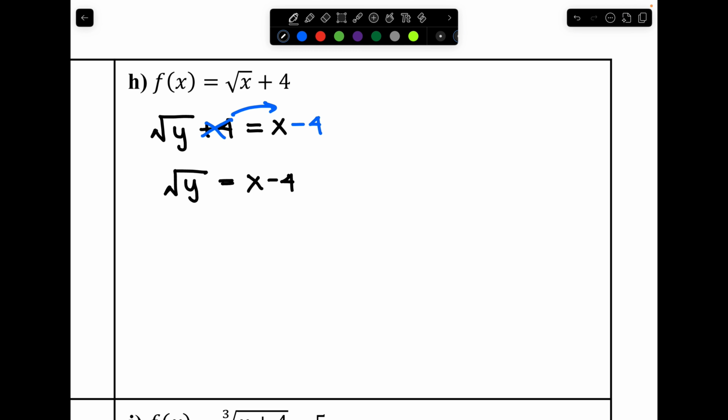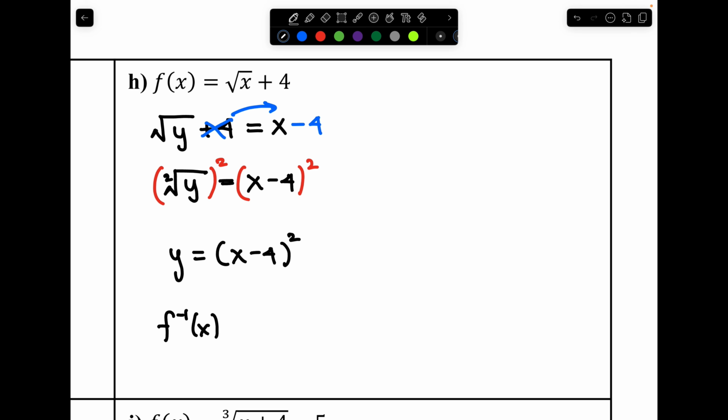Since this is a square root, a root with index 2, the power we're going to use is a power of 2. So x − 4 to the second power. So our inverse would be y equals (x − 4)^2.